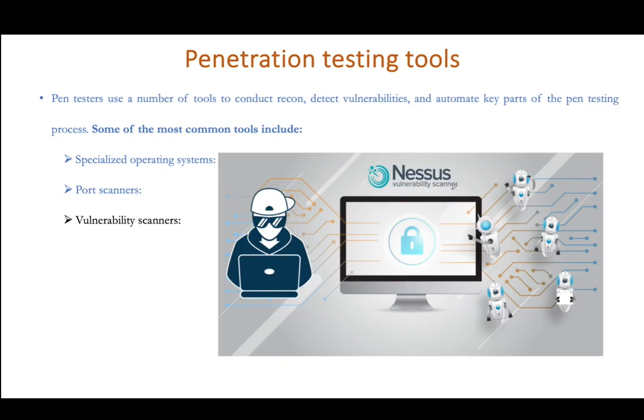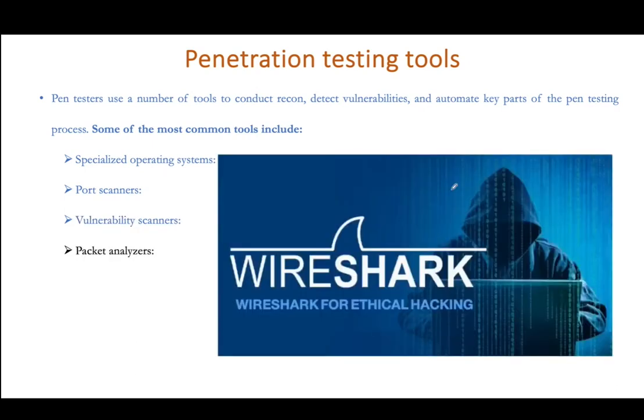Web vulnerability scanners are a subset of vulnerability scanners that assess web applications and websites. Examples include Burp Suite or the Open Web Application Security Project's Zed Attack Proxy, ZAP as we used to say. Another one is the packet analyzer.